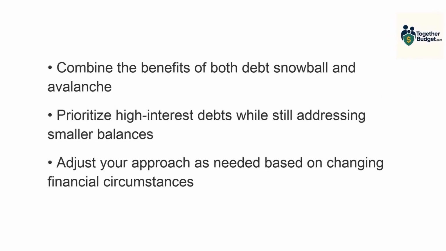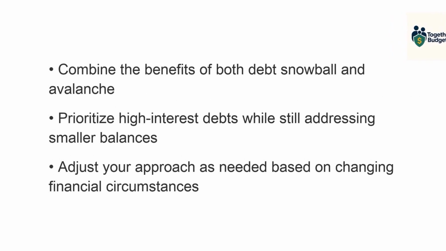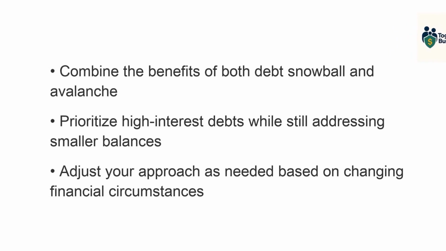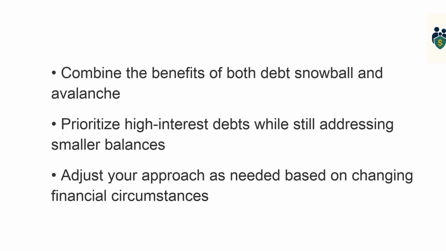Some people opt for a hybrid approach, combining elements of both debt snowball and avalanche methods. This can be an effective strategy if you have multiple debts with varying interest rates and balances, but still need motivation to stay on track.